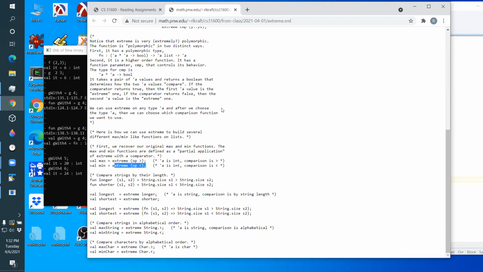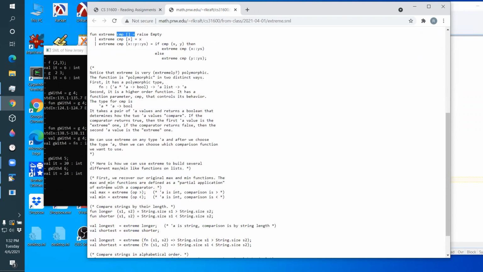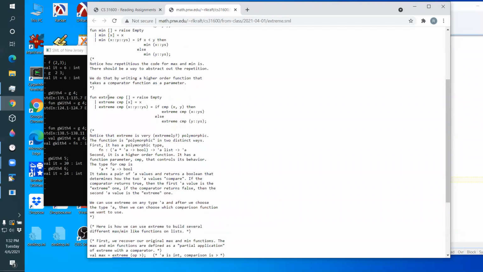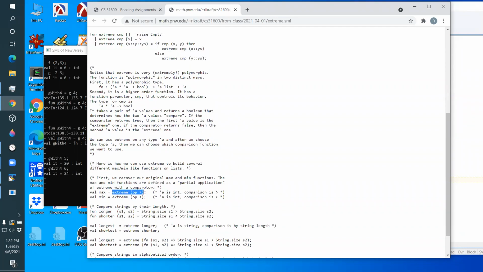When people write multi-thousand line programs in languages like ML, they use this trick pretty often. It's a very common trick to write some very general purpose curried function and then recover specialized functions by partial application. The advantage is you only debug this one general purpose function, and then you get several similar functions out of it that don't need any debugging.